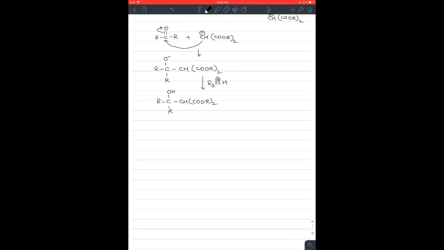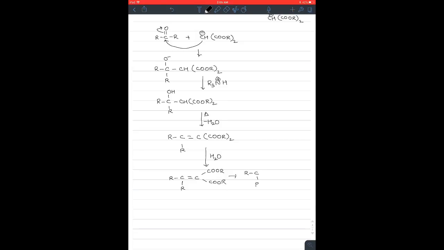We have studied in aldol condensation that if this is heated, there will be loss of H2O, and that will be converted to RC, R double bond C and COOR whole twice. Now this H2O which is coming out will react with this compound, and we know that if an ester is treated with water, that will be converted to carboxylic acid.